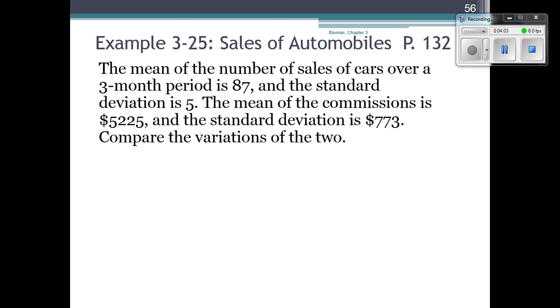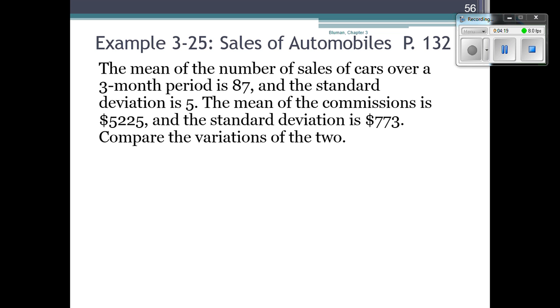So if you were a car dealer, you would think that, hey, the more cars I sell, the more money I should make as commission. So we want to find out, is that comparable? Do the two vary at the same rate?